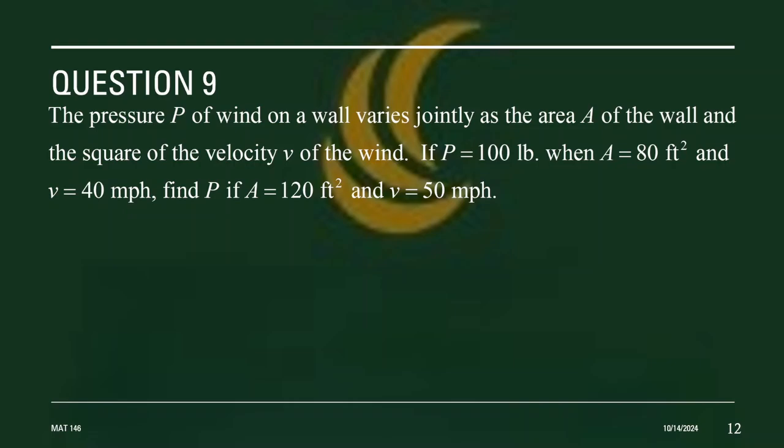Pressure of wind on a wall varies jointly as the area of the wall and the square of the velocity of the wind. So that's not entirely correct.